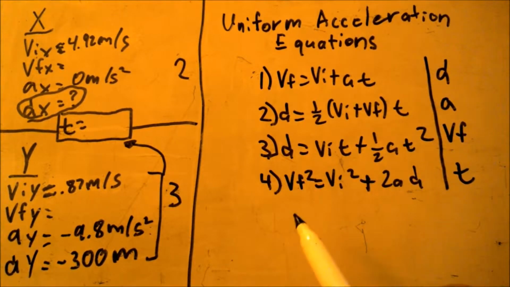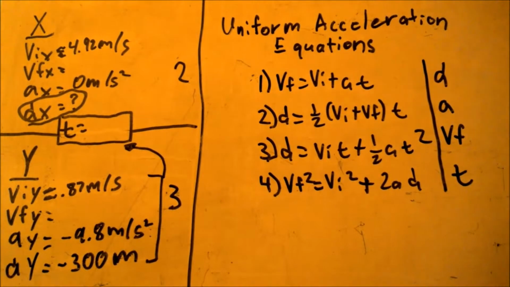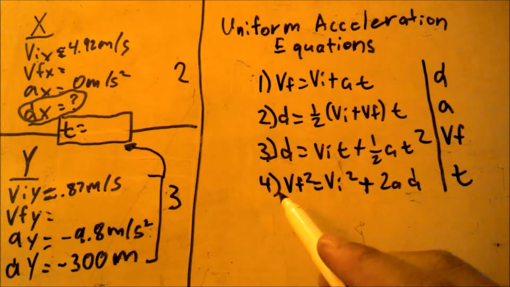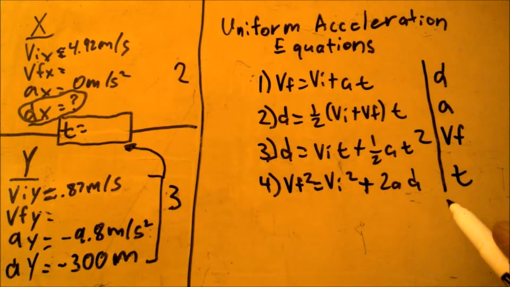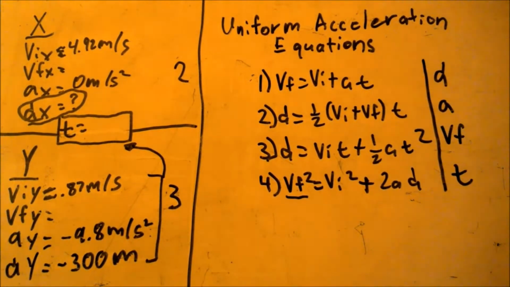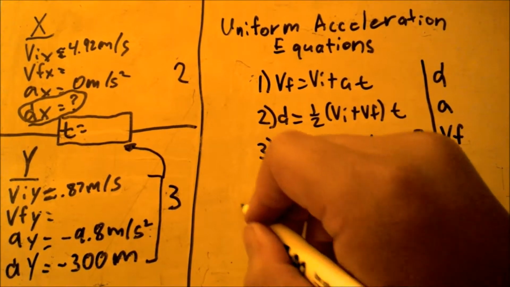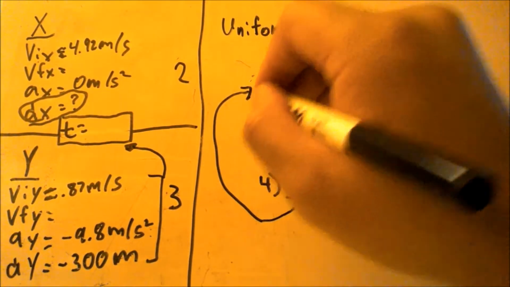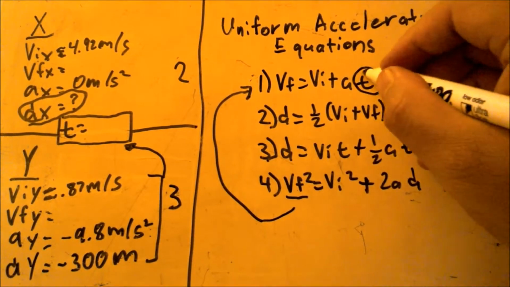So, an easier way to do it is use equation 4 to solve for V final. Once we've solved for V final, we can plug that into the first equation to get time.